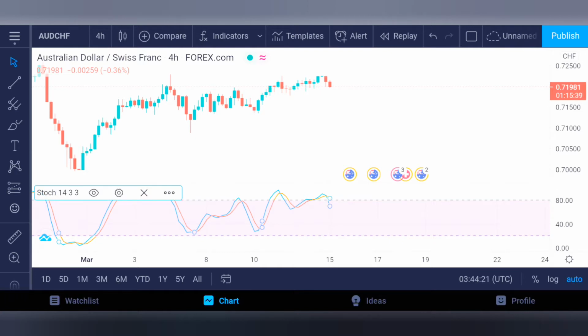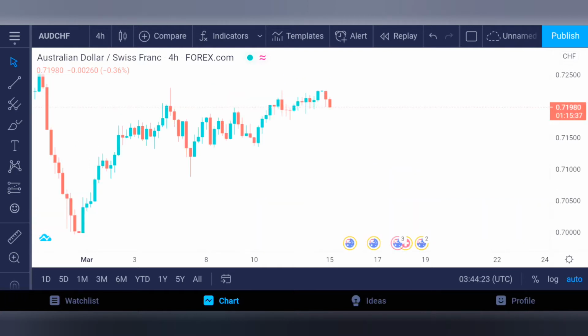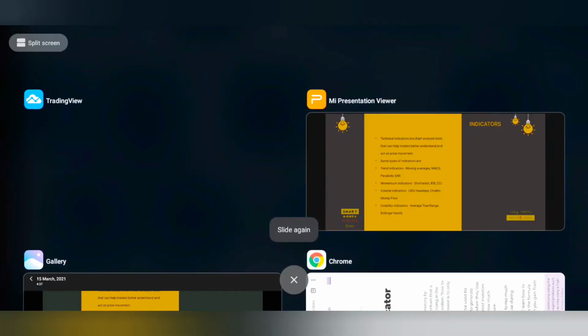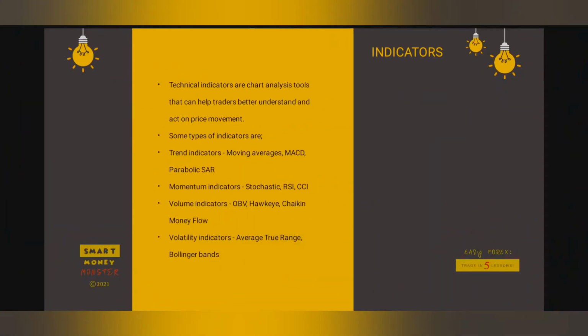Okay, so the next kind of indicators that we must talk about are volume indicators. We talked about volume. Volume is very important in Forex because without volume, price is not going to move anywhere. And you need price to move in a certain direction to make profit.